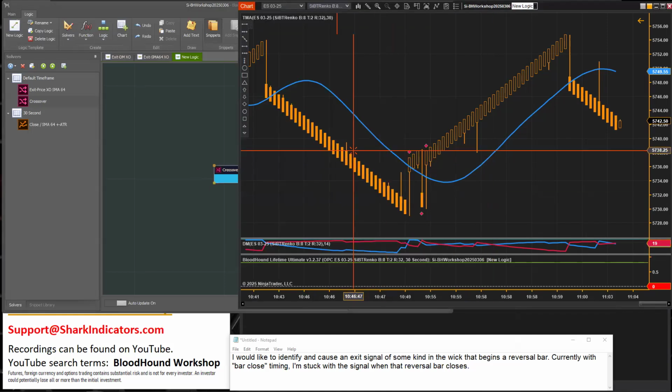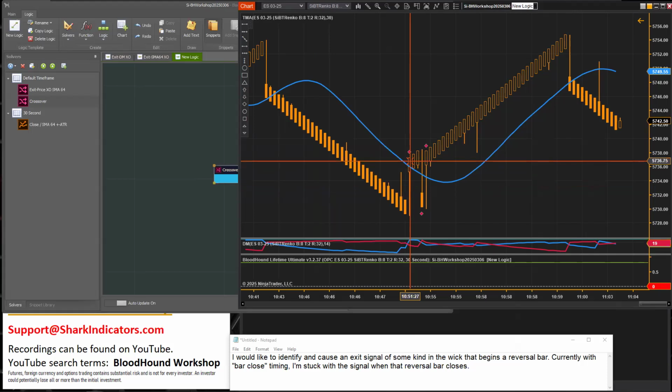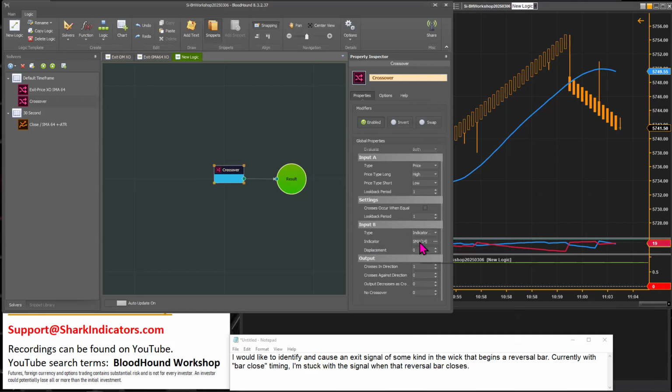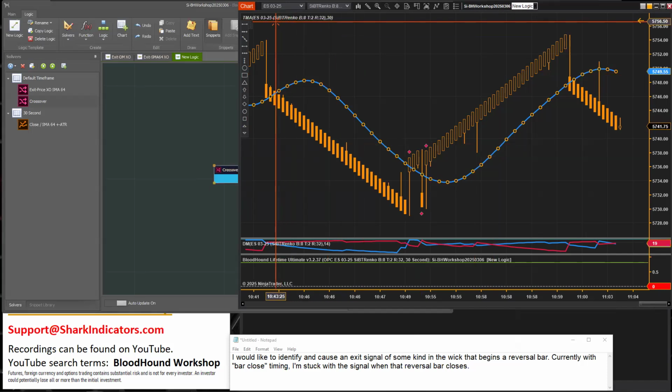And let's see here. So if we're in a downtrend, we're using the high to generate a long signal. All right, so for a long signal, we're going to use the high price. So for a short, it'll be the opposite. So that'll be the low price.